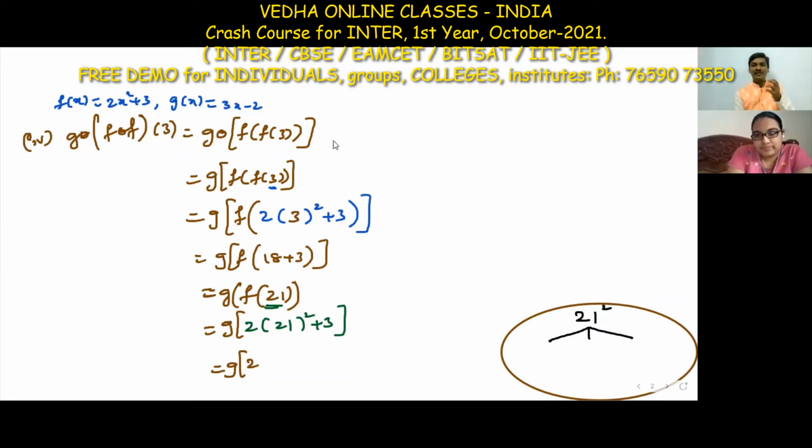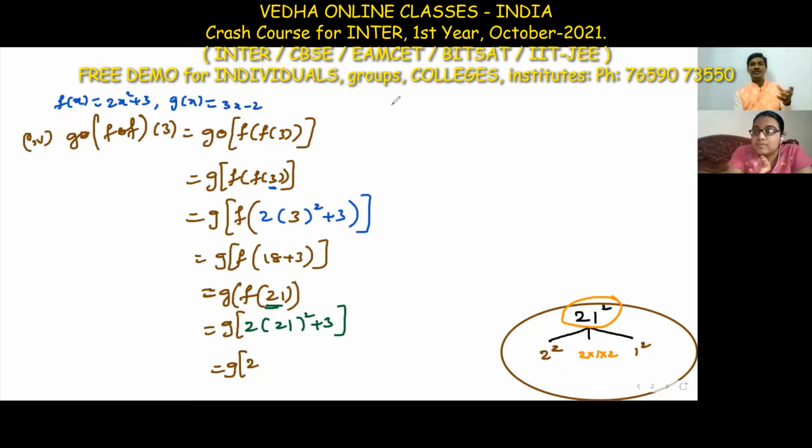Now write the left side number's square on the left side, and the right side number's square on the right side. What about the middle? Multiply the numbers 2, 1 and 2, so 2 into 1 into 2.